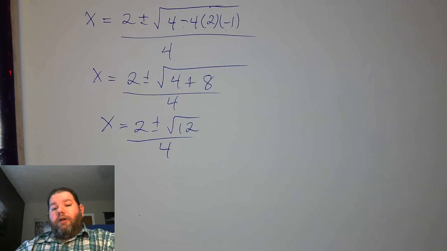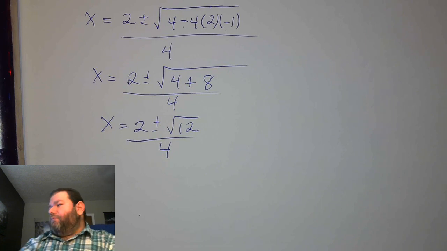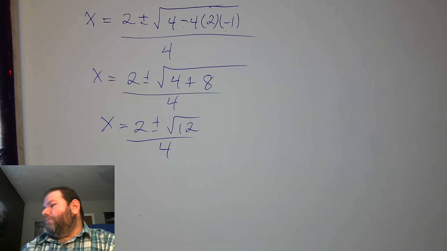Now we know 12 is not a perfect square, but can we simplify that term? And the answer is yes, but how would we simplify that term, I guess, is the better question. Four and 3.